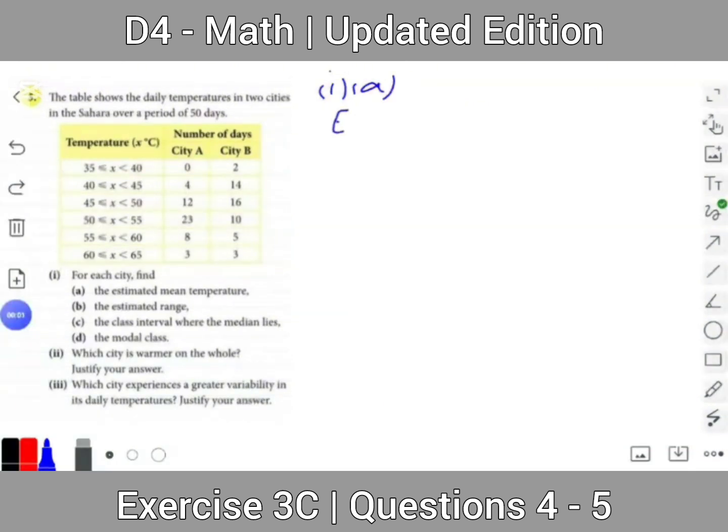Now find the estimated mean temperature for city A.